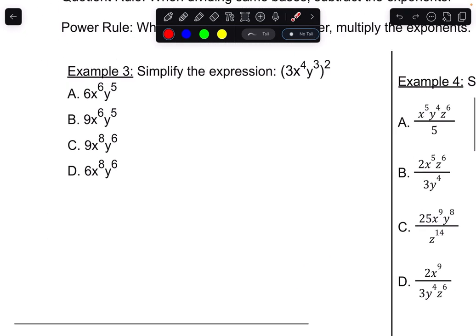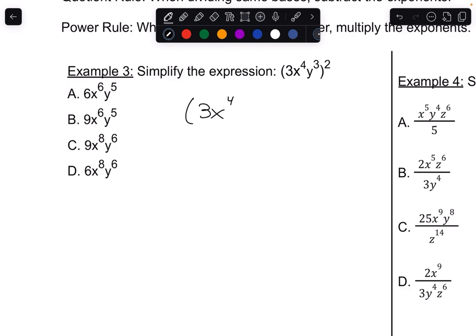And then finally here as well, power rule, and that's where I'll start off. One way to approach the power rule is to say, well, the power of 2 is with all this stuff here. I mean, the power of 4 only is with the x. The 3 is only with this y. But this power of 2 is everything in the parentheses. And we know the power of 2 just means that it multiplies by itself. So we're taking 3x to the 4th, y cubed, and multiplying it by itself 2 times.